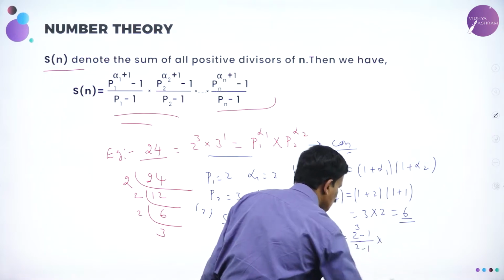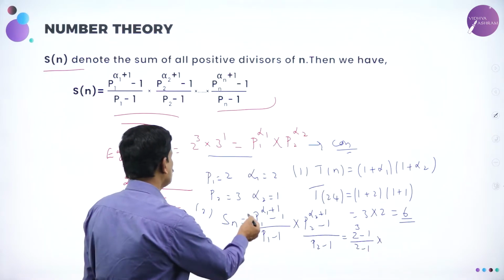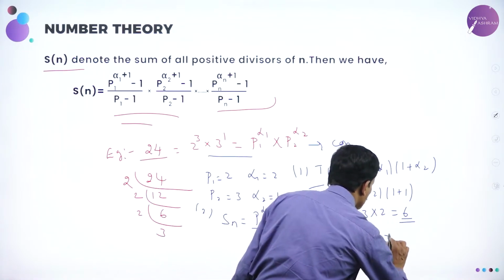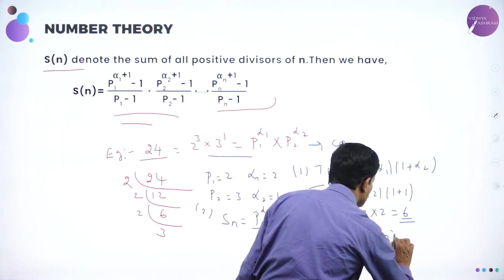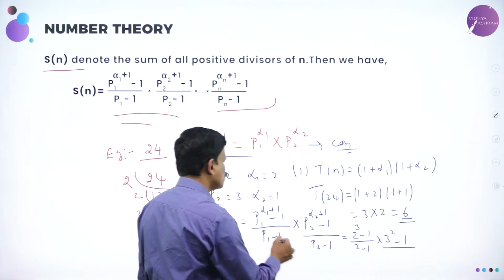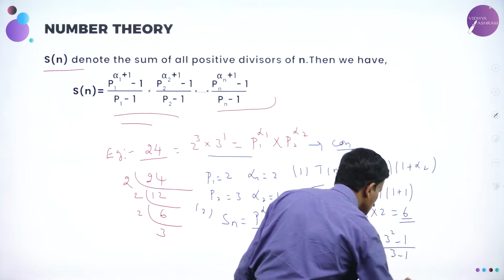Into P2. What is P2? P2 is 3 to the power of alpha 2 plus 1, 1 plus 1 is 2, minus 1 divided by P2 minus 1, again P2 is 3, so 3 minus 1. Simplify this.